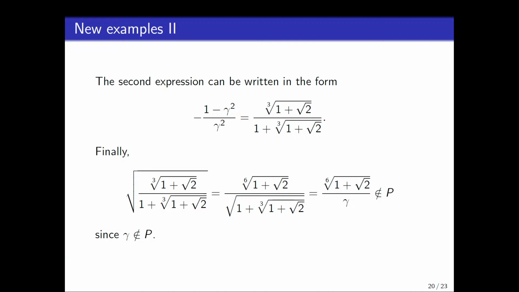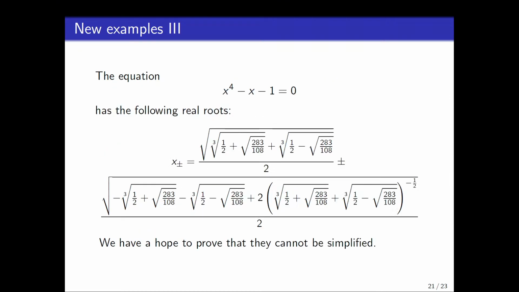In the denominator we have a radical of depth 3, and we have shown that it cannot be simplified. So the numerator doesn't influence the further calculations, so we can show that delta cannot be denested.